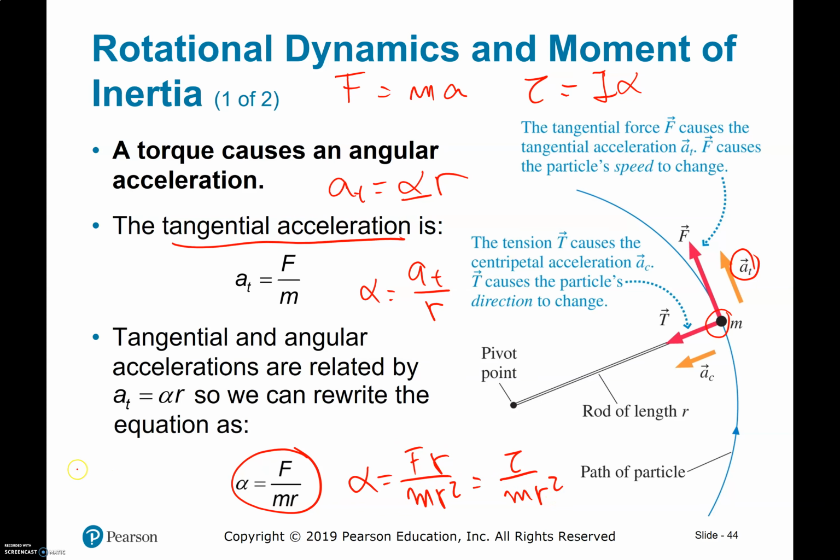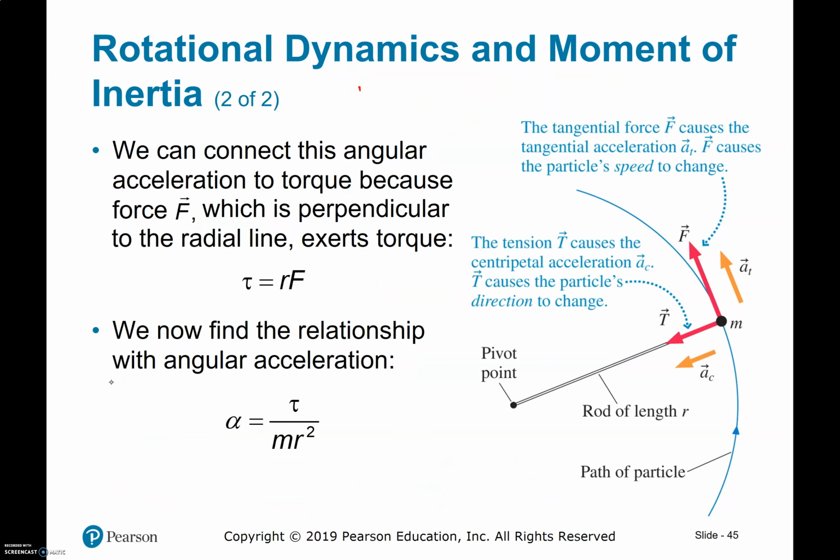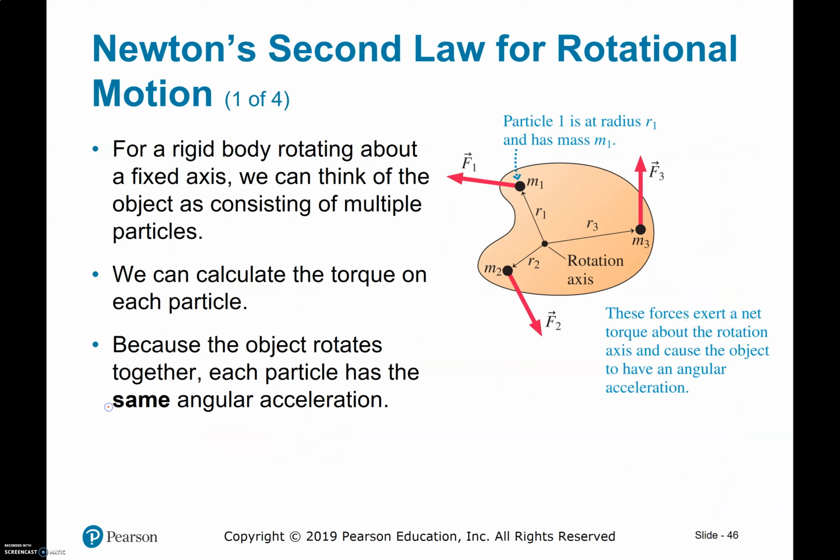So this quantity mr squared is what we're going to call the moment of inertia, and it plays the role of the mass in Newton's second law of motion. So then remember, torque is r times F, so therefore alpha is torque divided by mr squared.